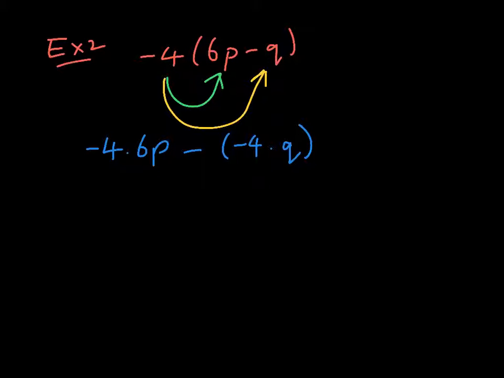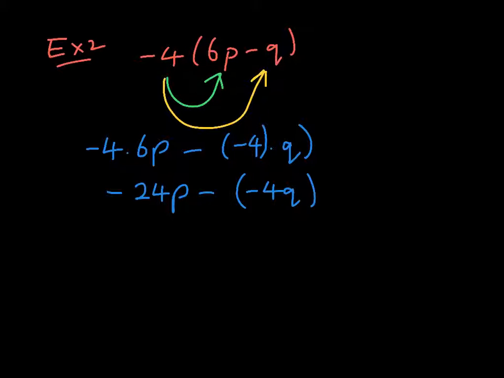Okay, so it's important to always pay attention to the sign, because if you miss out the sign, then the sign will be wrong, and then the answer will also be wrong. Okay, so negative 4 multiplied by 6b, 4 times 6 is 24, so that gives us negative 24b, minus negative 4 multiplied by q gives us negative 4q. Okay, remember we put it in a bracket.